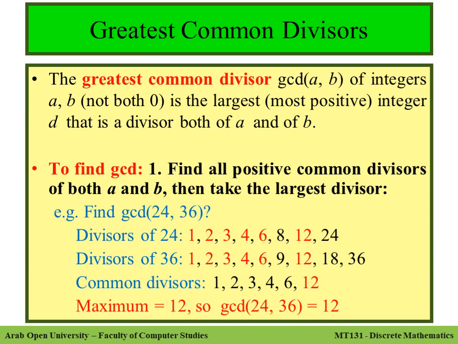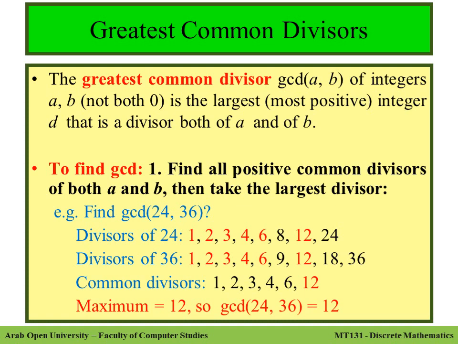Now we can define the greatest common divisor, and that is we try to find it for two integers. For the definition of the greatest common divisor, or GCD for short, the GCD of A and B, where A and B are integers, of course they can't be both 0.